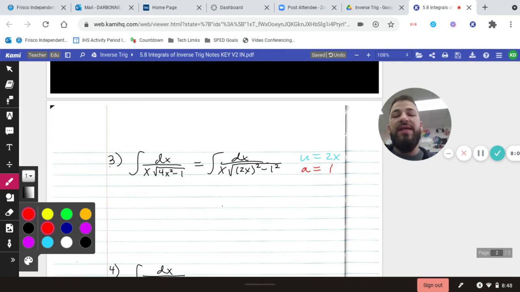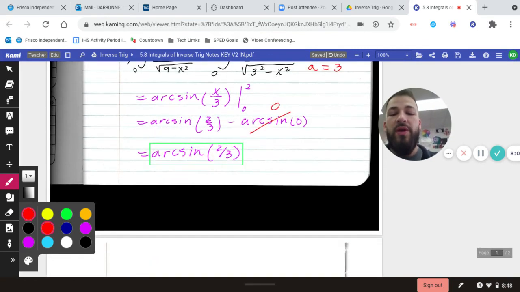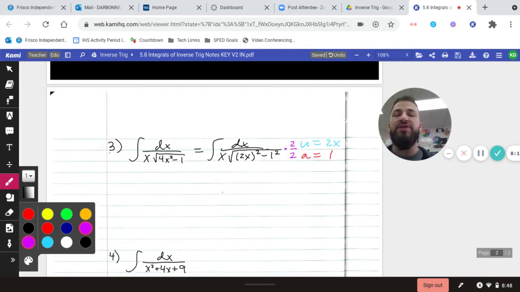We have 2x on the inside, but our other part where we're supposed to have u, we don't have 2x. So that's a problem. But what I can do is, because I just need this x to be 2x, I can multiply by 2 over 2, which is just 1. So I'm not changing anything about my function. I'm just changing how I see everything in the function.